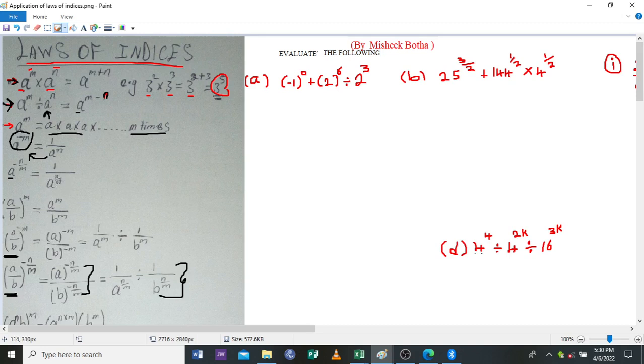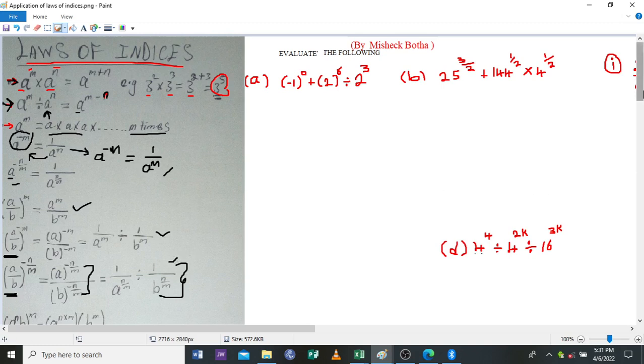Now if a base is raised to a negative power, suppose we have a to the power negative m, this can be written as 1 over a to the power m. So we'll be applying this. We've talked about this one, and here you also see we're going to apply this one and that one and this one as well.